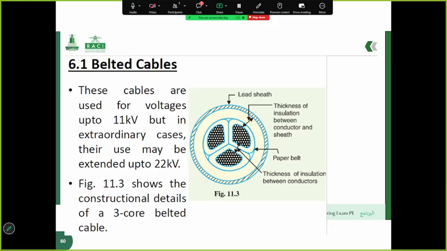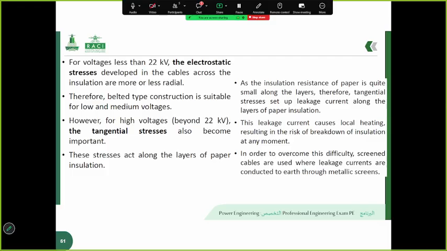So based on this slide, belted cables are a type of three-core cable used for voltage up to 11 kV and occasionally up to 22 kilovolt in specific cases. This slide explains the limitation of the belted cables and the necessity of using screen cables for higher voltages.